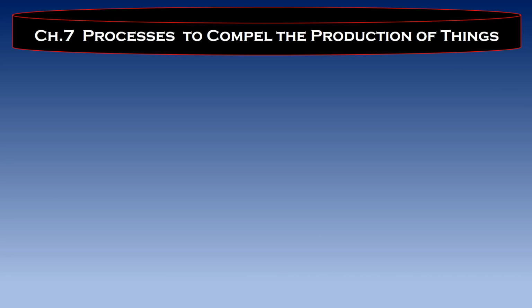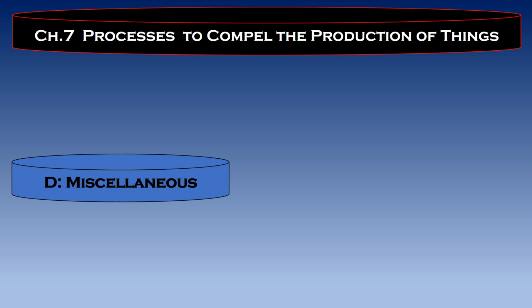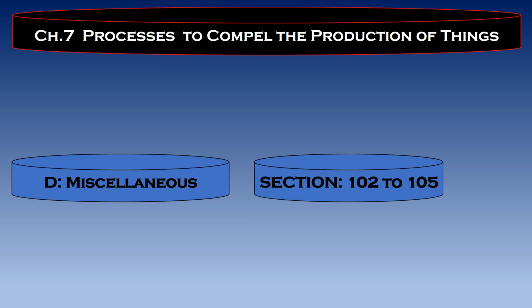Now we come to the fourth part of the chapter, process to compel the production of things. D. Miscellaneous. As per the provisions of section 102 to section 105, a total of 4 sections are there in this part.